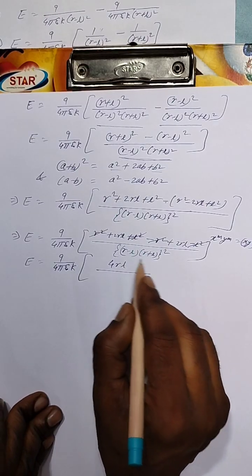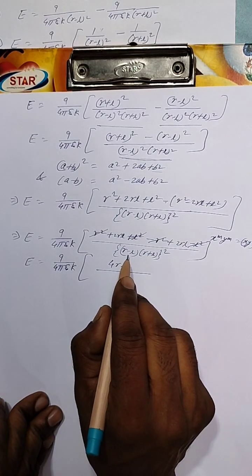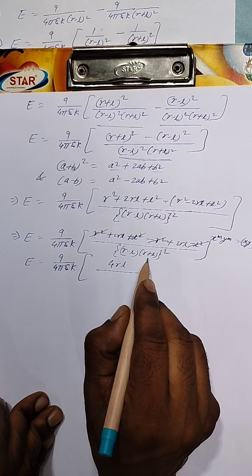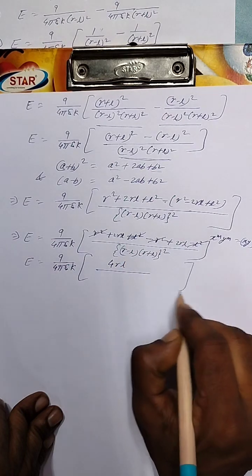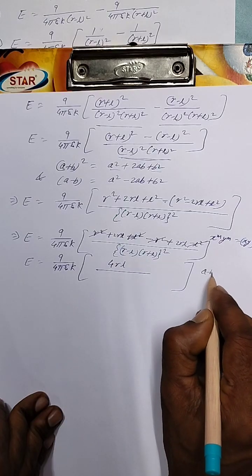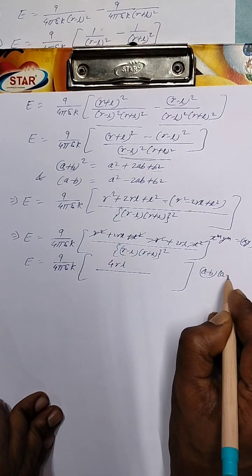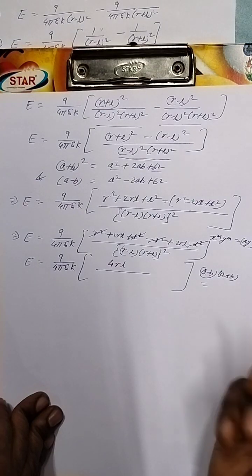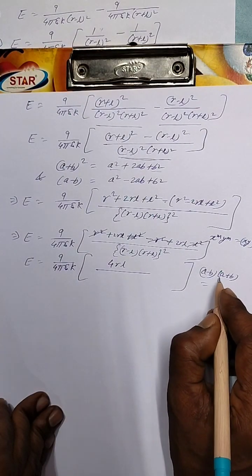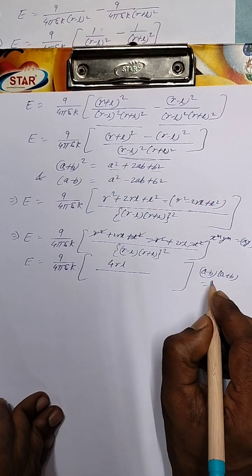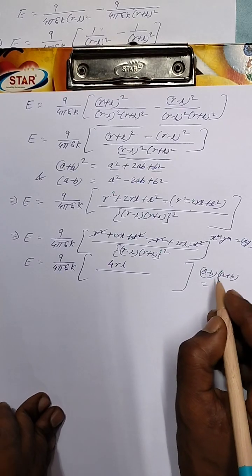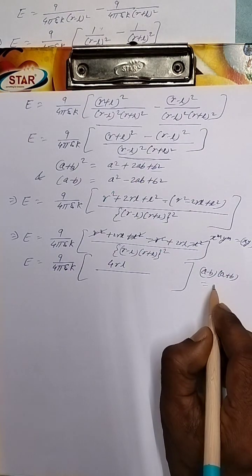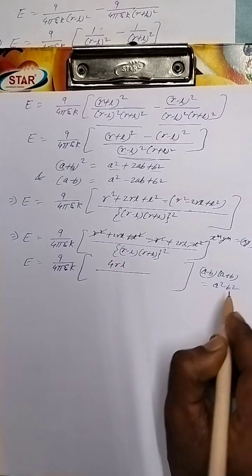In the denominator, look here, in one bracket r minus l, another bracket r plus l. Remember this formula we have learned in class 9th, 8th: (a minus b)(a plus b) is equal to a square minus b square.